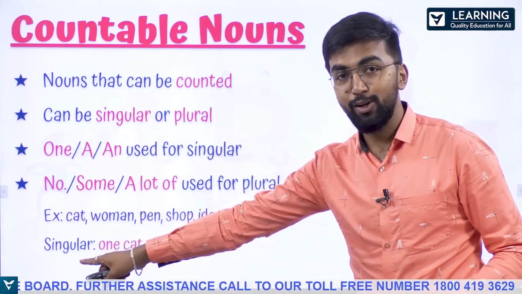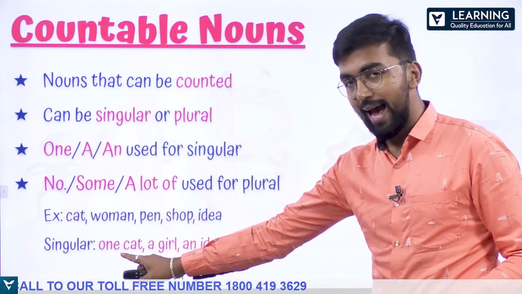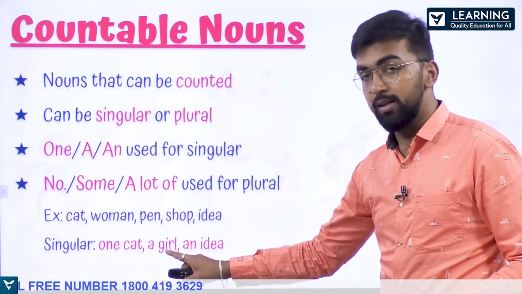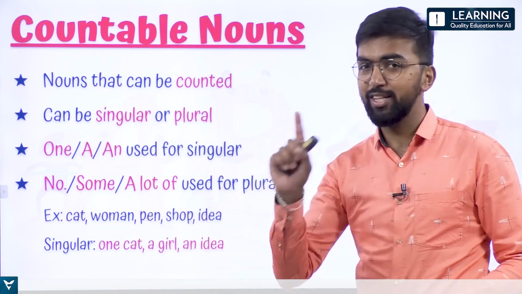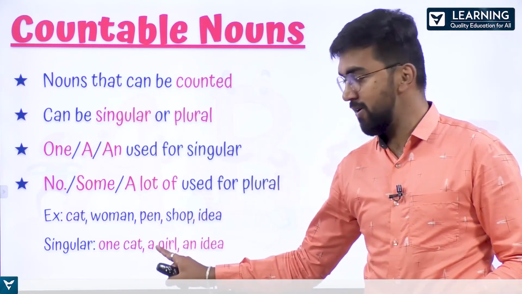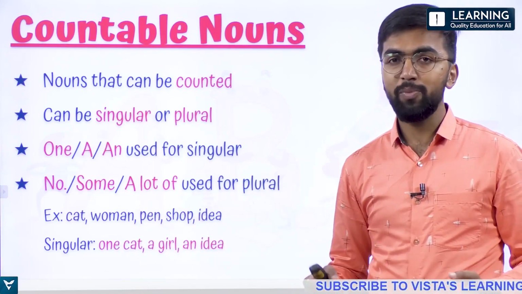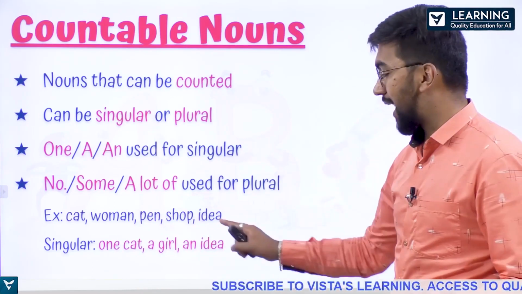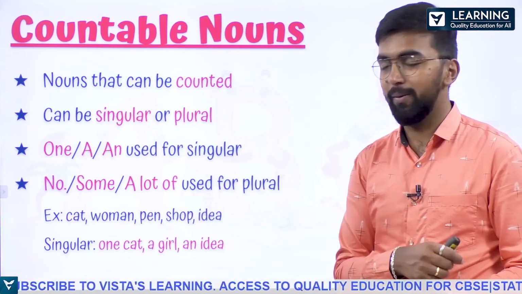Let's look at some singular countable noun examples. 1 cat, a girl, an idea. 1 cat, it is just 1. A countable and singular. A girl, countable and singular. An idea, countable again and singular.